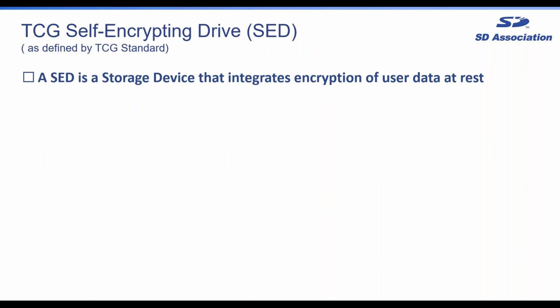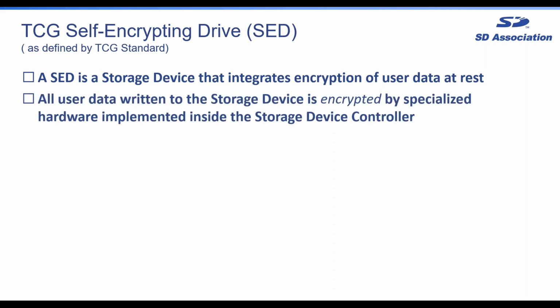So what is a self-encrypted drive? The main concept is to encrypt user data at rest. So anytime we unplug the power source from the SD card, the user data is encrypted and secured.